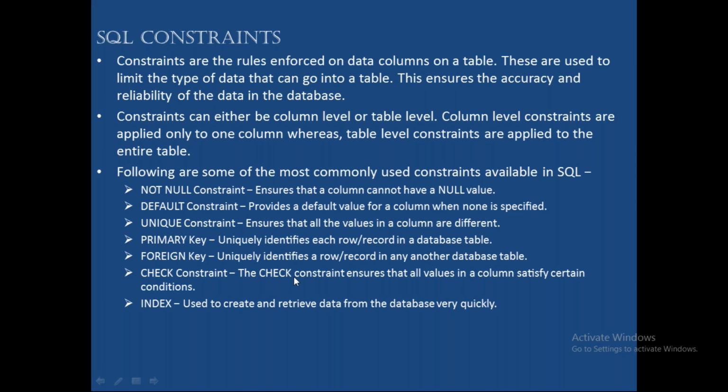Next we have something called the primary key. It uniquely identifies each row or record in a database table. What the primary key does is generate numbers 1, 2, 3, and so on. If you want to fetch a record, you can fetch it with the help of the primary key.